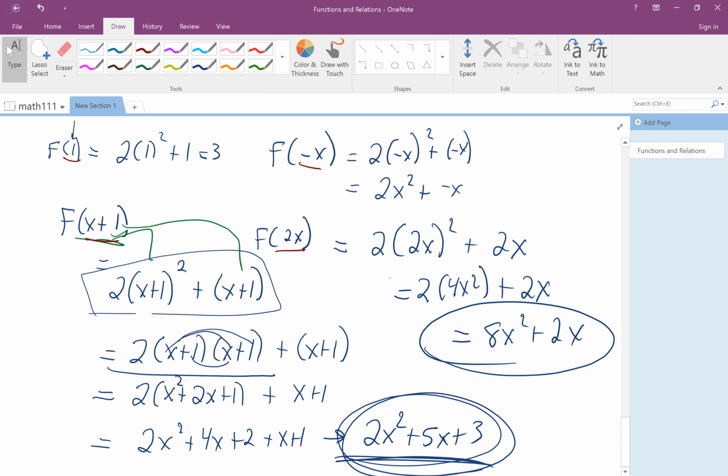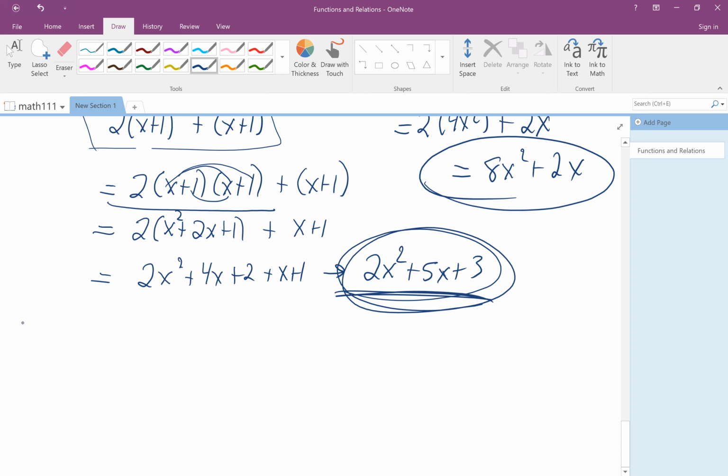So there's some problems like that. Okay. And then there's some things with operations on functions.